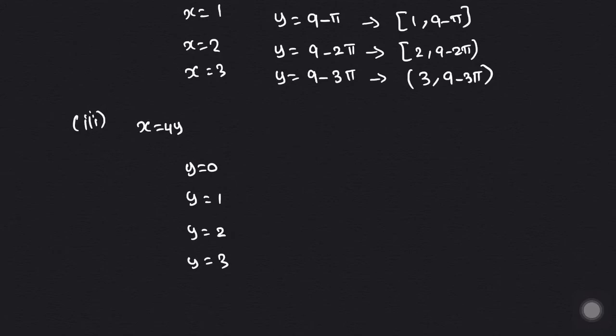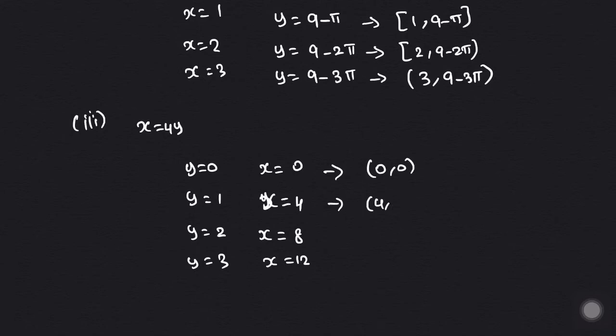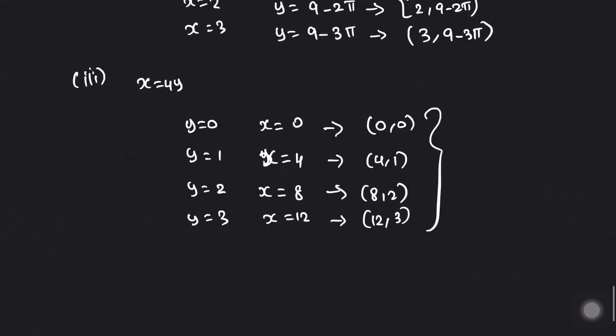When I apply y equal to 0, x is equal to 0; y equal to 1 means the value of x is 4. Then y equal to 2, x is 8, and y equal to 3 means x is 12. So these are my points: (0, 0), then (4, 1) and (8, 2), then (12, 3). So these are my 4 solutions for the given equation.